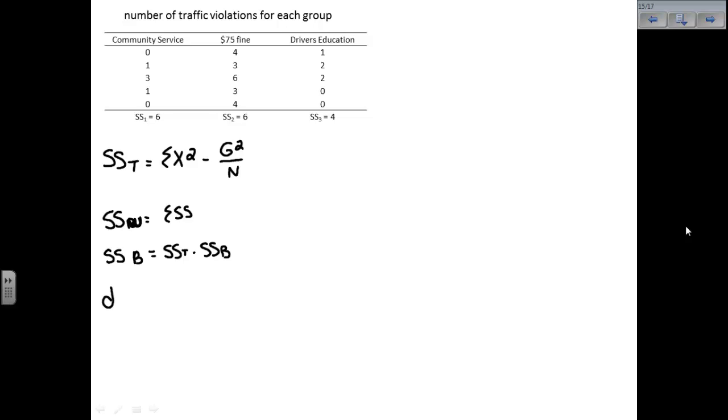I also need to find my degrees of freedom. We'll just stay in the same order. Degrees of freedom total, which is equal to N minus 1. My degrees of freedom within, which is equal to N minus K, and my degrees of freedom between, which is equal to K minus 1.